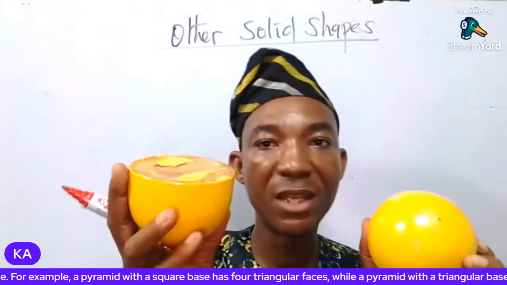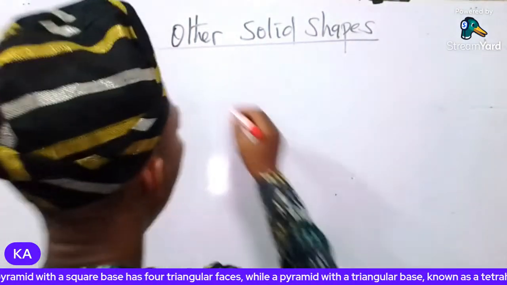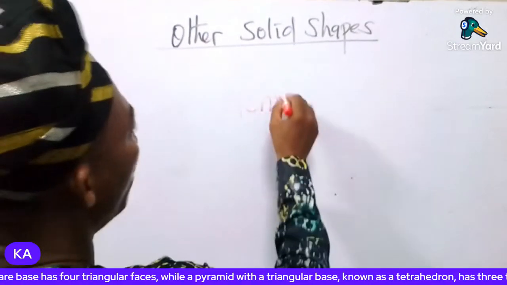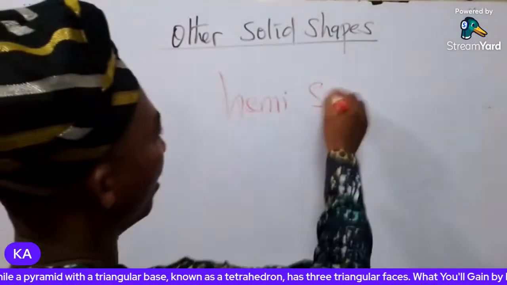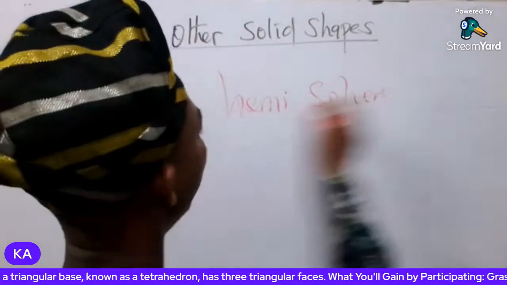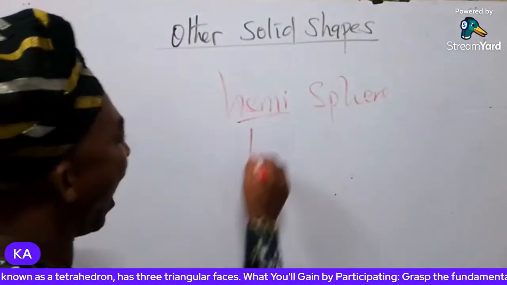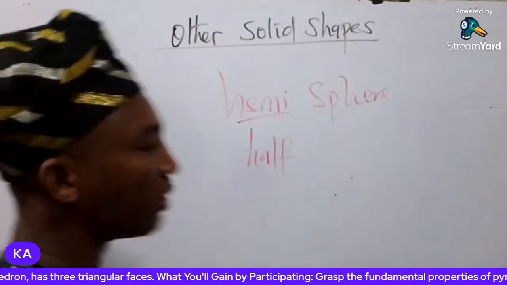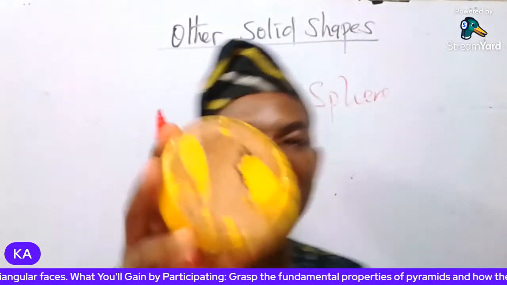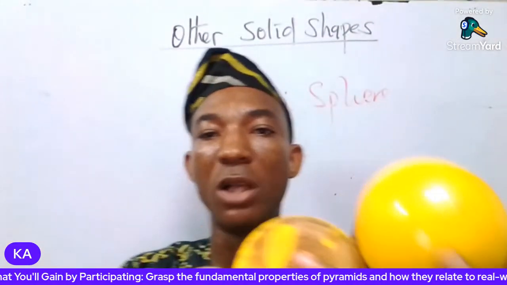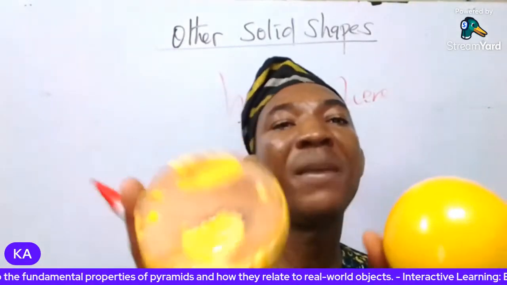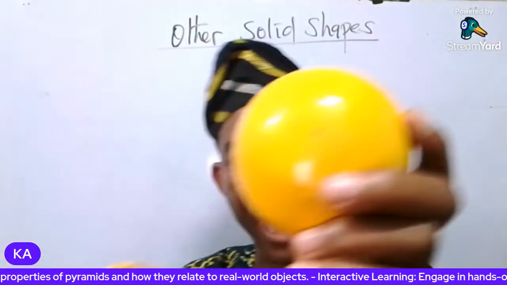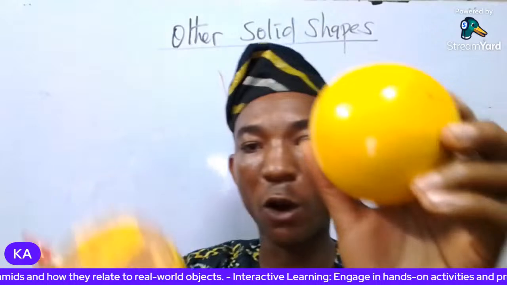The word hemi, H-E-M-I, means half. That is why we call it hemisphere: hemisphere is half of a sphere.